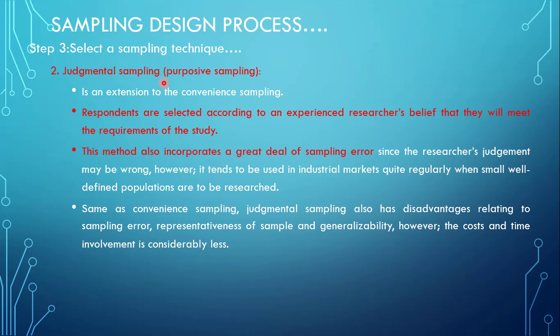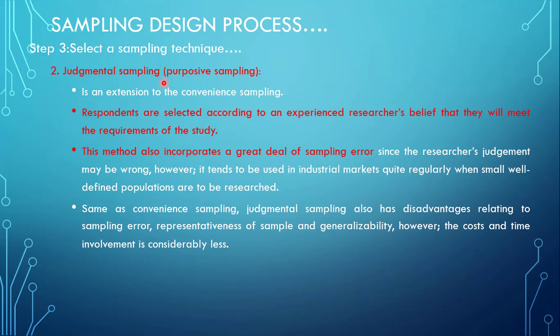But if you are going to dispatch the questionnaires regardless of whether that individual is a customer or not, whether that individual has been purchasing from that specific mall for more than a year or two, if you just dispatch the questionnaire just because he or she was purchasing or visiting the mall, then it is known as convenience sampling.